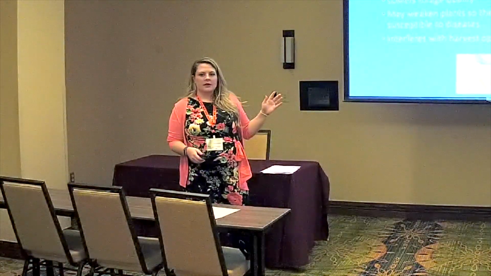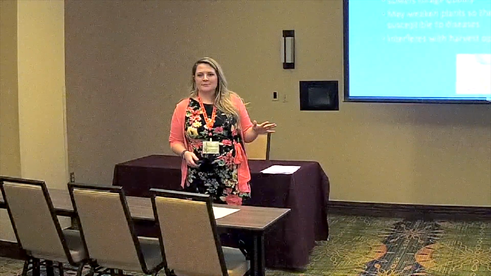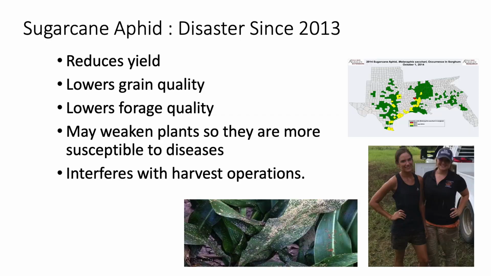So everybody in the room, I'm sure, is familiar with sugarcane aphid. It was a huge issue, especially in Oklahoma in 2014, right after we had discovered it as a pest on sorghum in 2013. And then 2014, 2015 were really rough years.